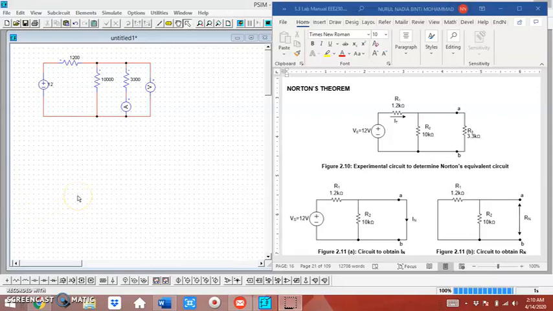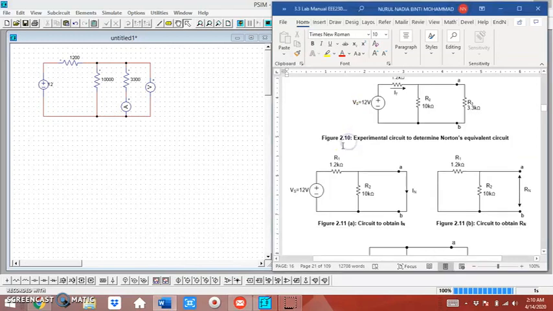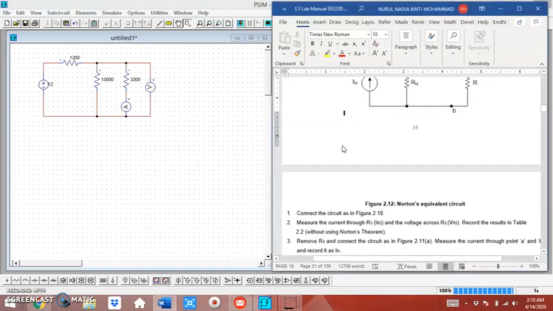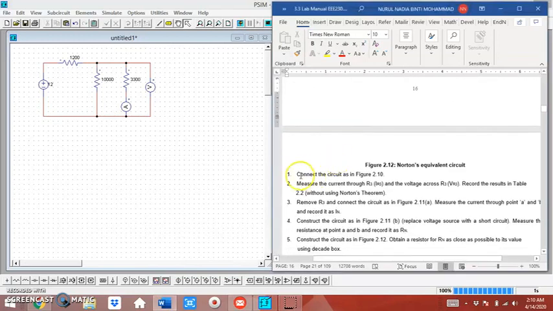So just now you have done the simulation for Thevenin theorem. Now Norton theorem. For Norton theorem, I want to do step 1 and step 2 first. For step 1, connect the circuit as figure 2.10. Number 2, measure the current through R3 and voltage.